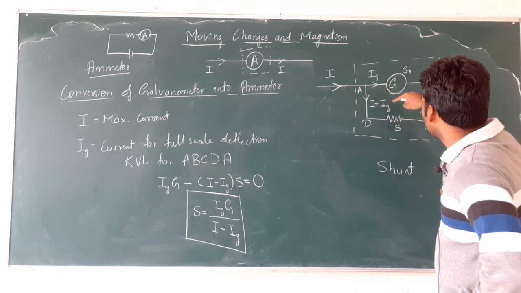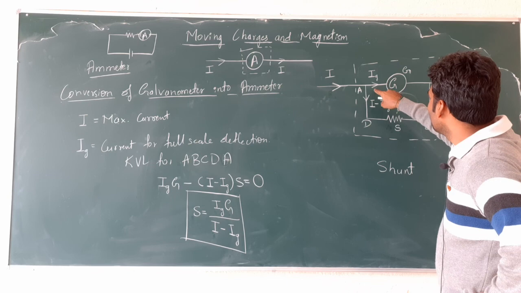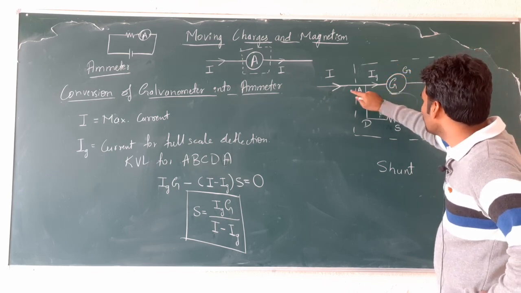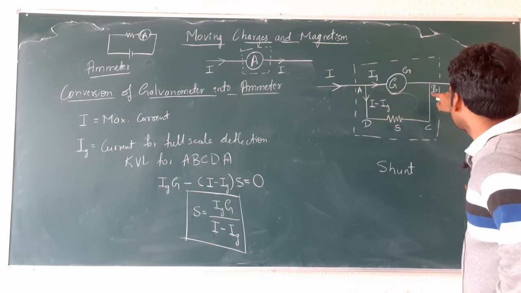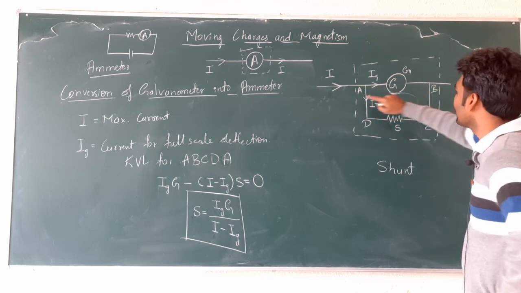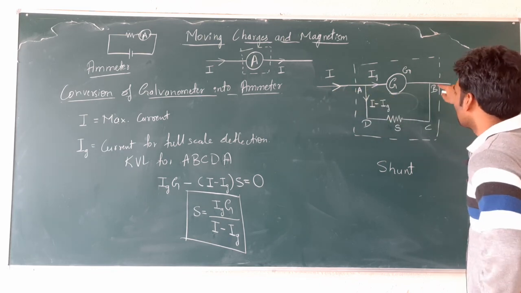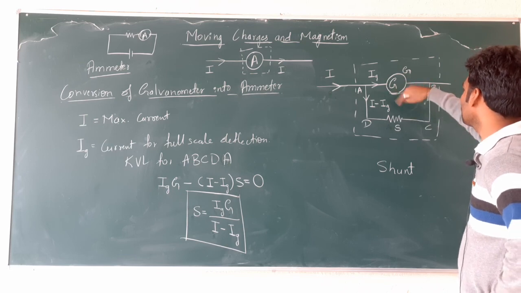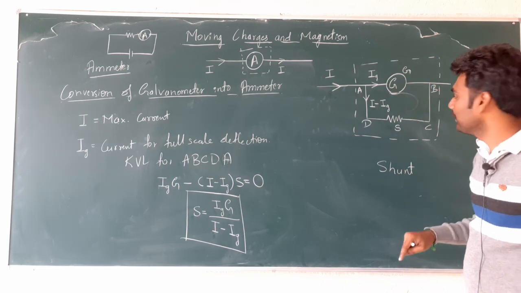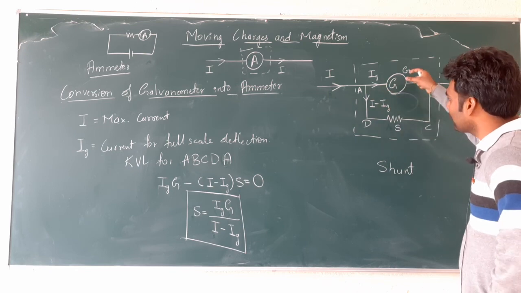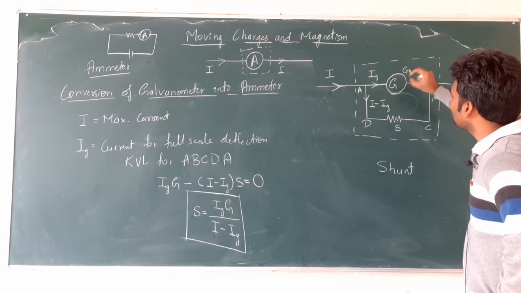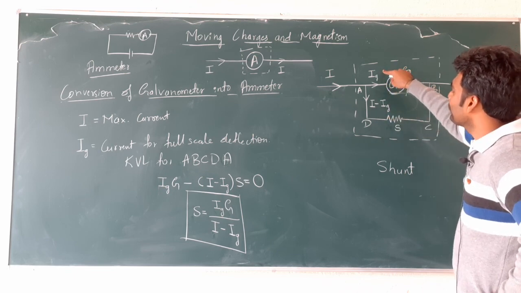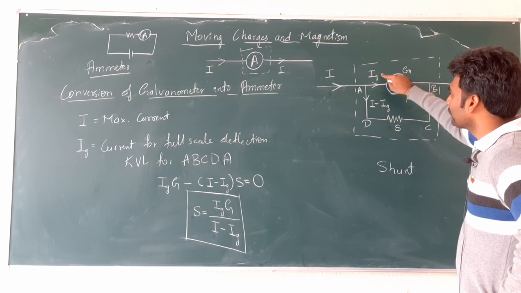We need to reduce Ig as much as possible, which means there should be no loss of current when the actual current enters the circuit, right? Because if Ig enters the galvanometer, since it has certain resistance, we can expect certain power loss, isn't it? When Ig flows through that, we can expect certain power loss. We need to make that power loss 0, which means Ig should nearly become equal to 0.